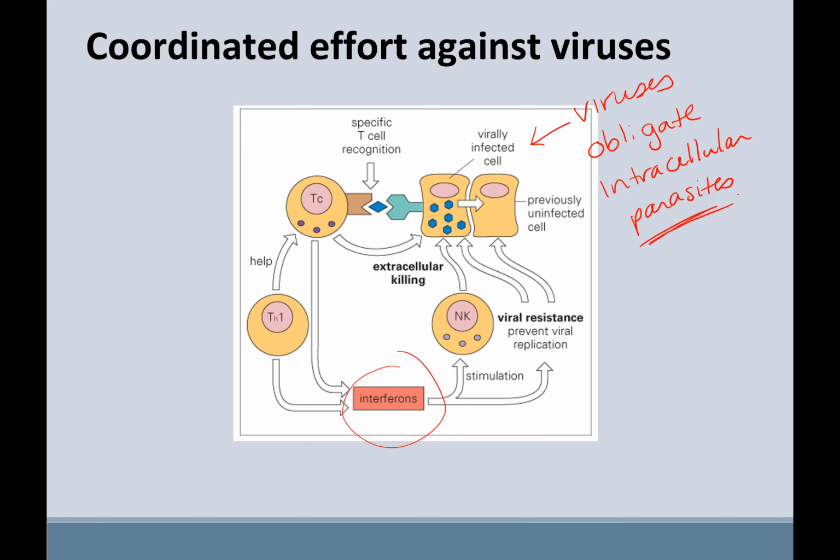So it's not like you have another cell, a bacterium, or you have a big worm, helminth, in there to recognize as foreign. These viruses are inside your cells. So your cells have evolved ways to tell the outside, hey, I'm infected, would you please kill me so that we don't spread this virus.